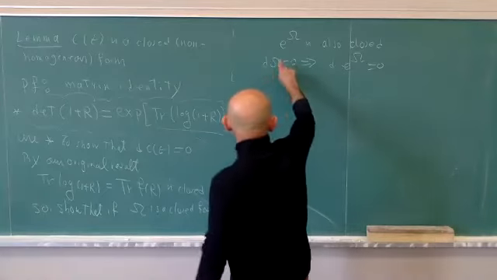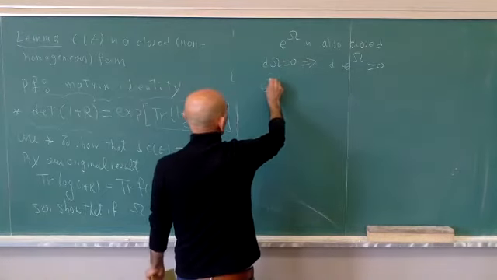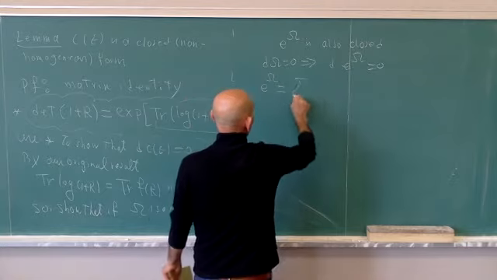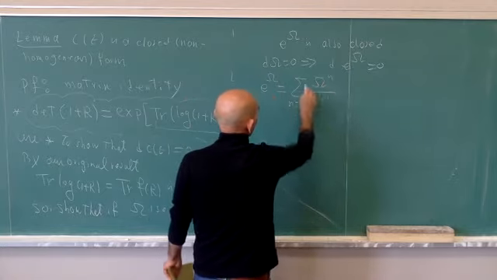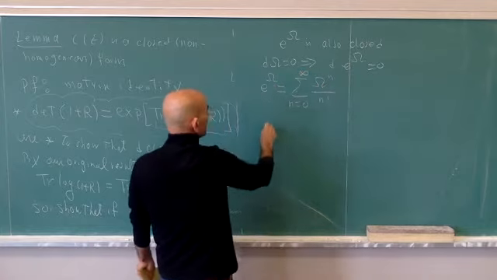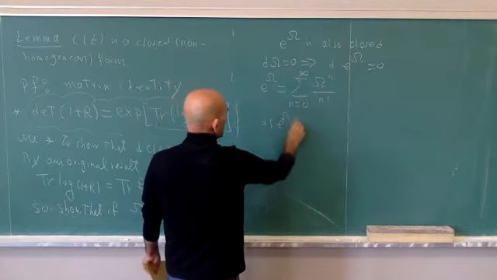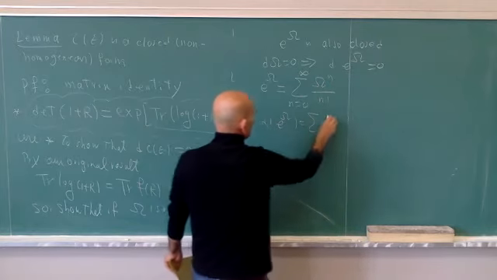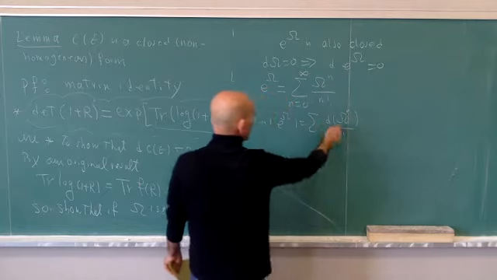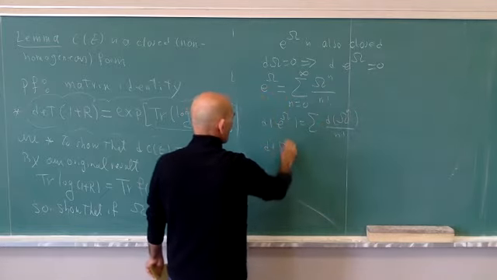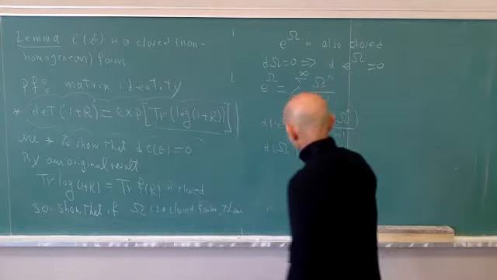Well, what is exponential of omega? Exponential of omega is the sum of omega^n over n factorial, right? If you want to take its d, you just apply d term by term. Now, what is d of omega^n?